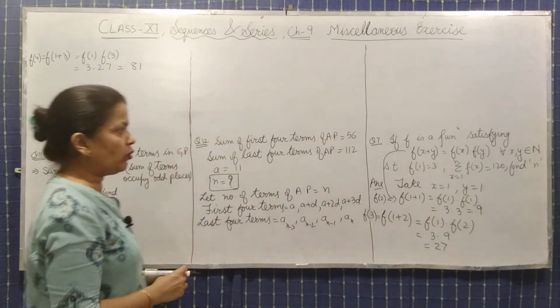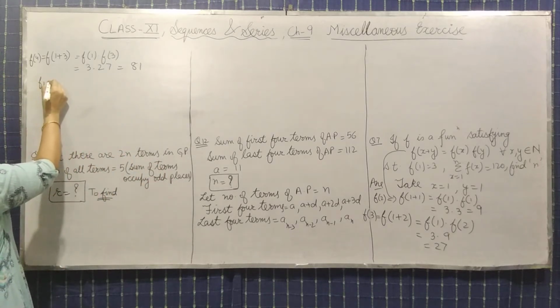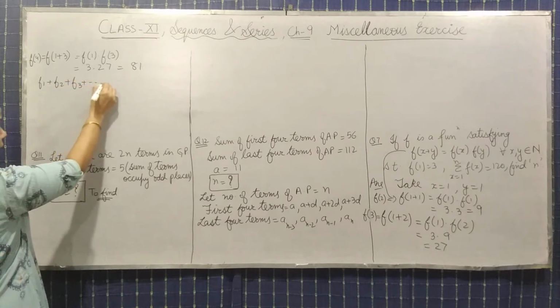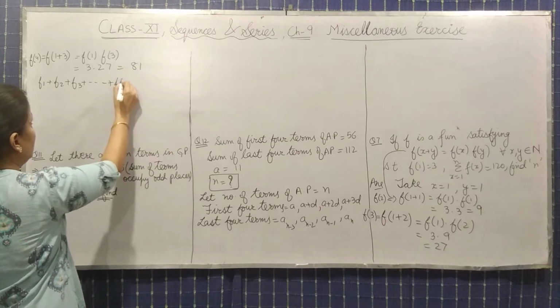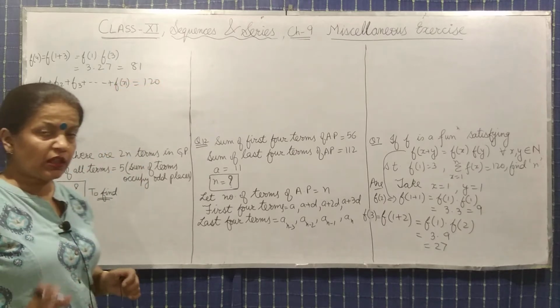Sum is given 120, means f1 plus f2 plus f3 up to fn is given as 120. This thing is given.